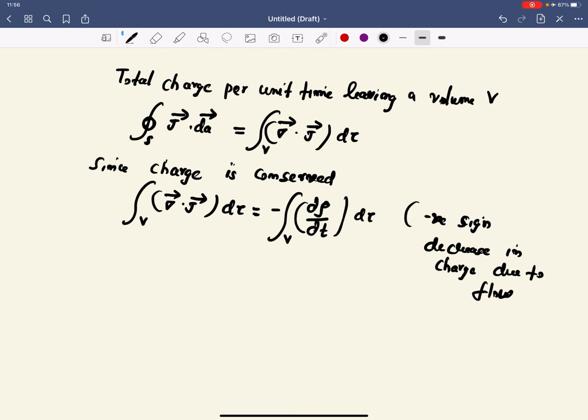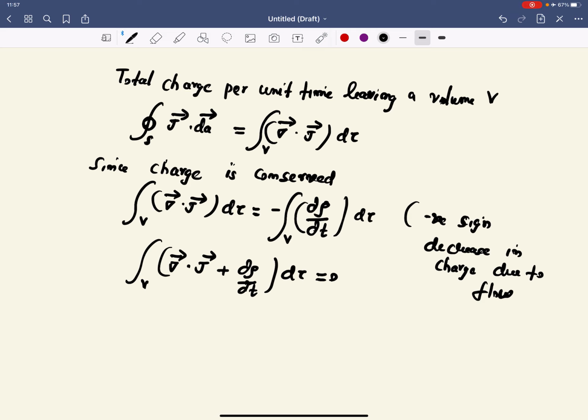This means I can simply rewrite this as del dot J plus del rho by del t, into d tau, that is equal to 0 for a finite elemental volume. I mean, the volume element has to be finite.